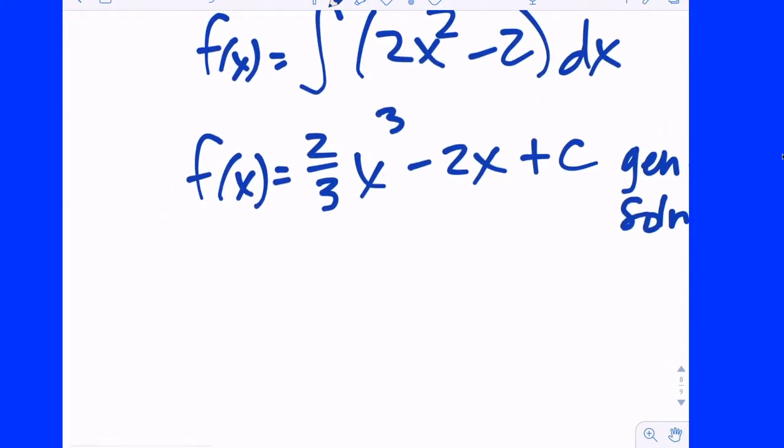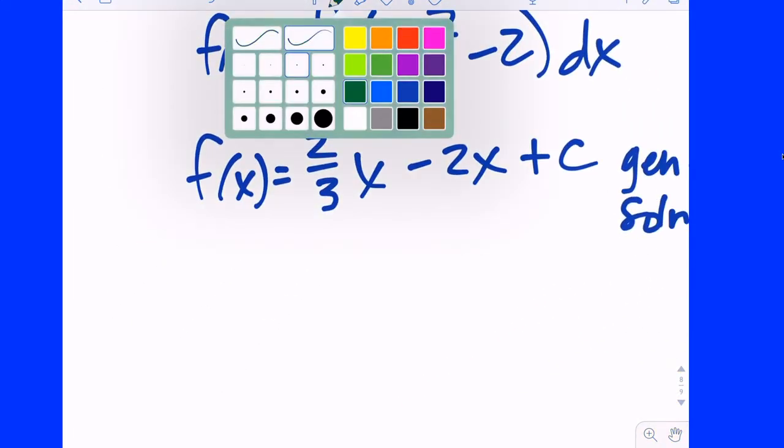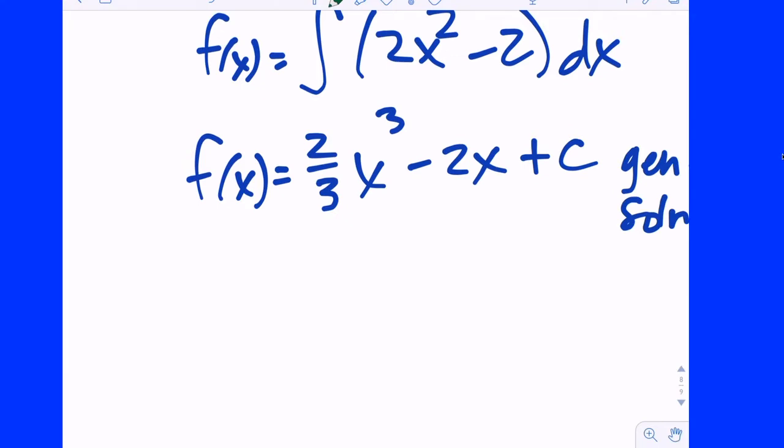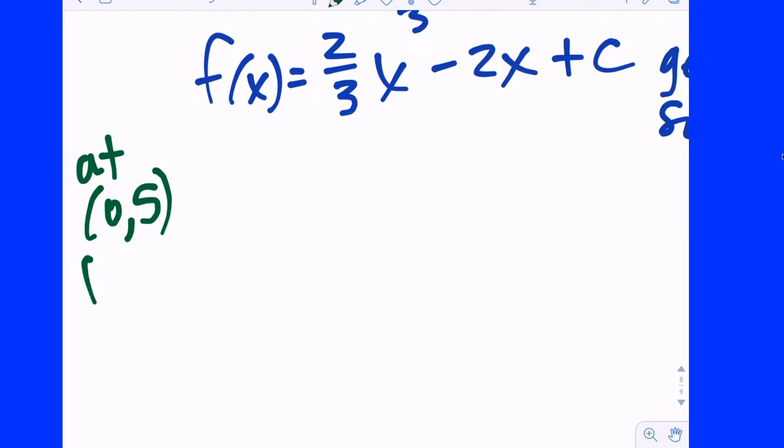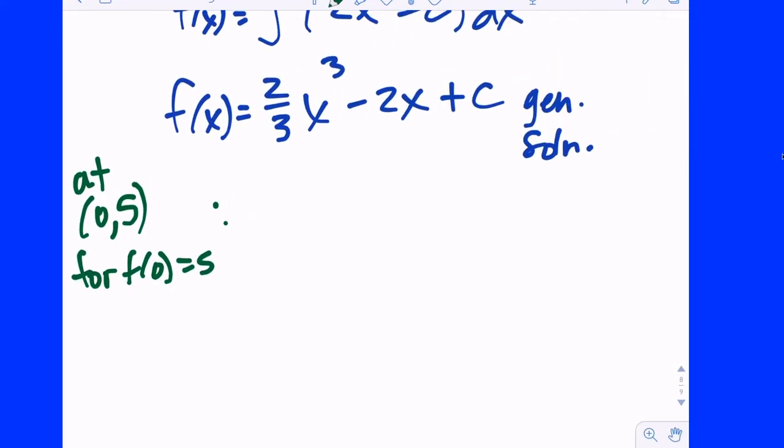So some kind of pre-response question explanation about what you're doing from here to the next line. So how about at the point 0, 5? Was it 0, 5? Yeah. Or you could say for f of 0 equals 5. Something like that. It just says, hey, I'm about to plug in this ordered pair.